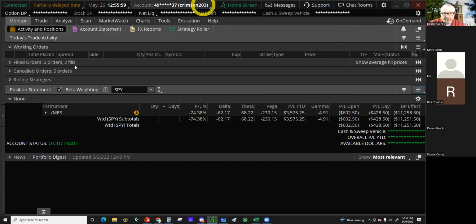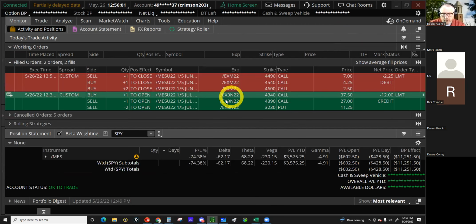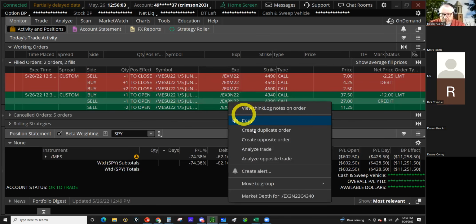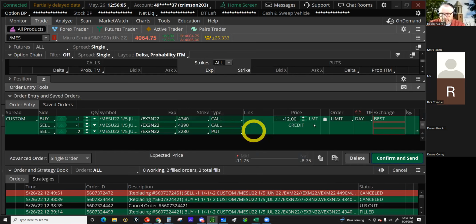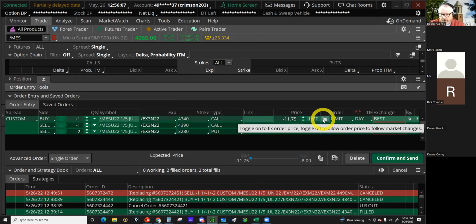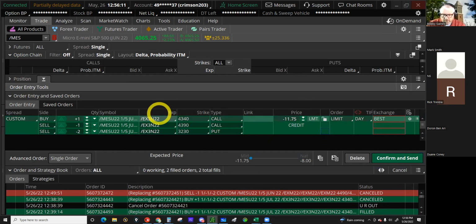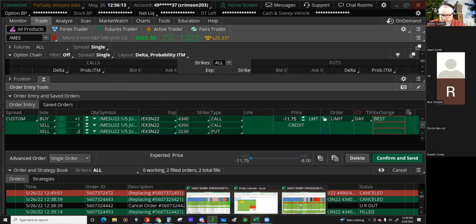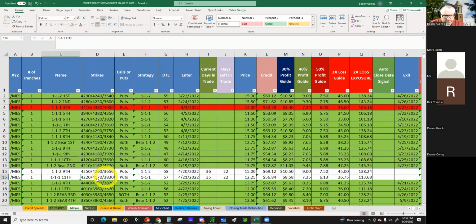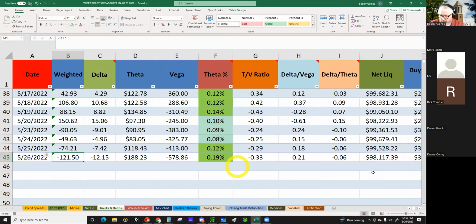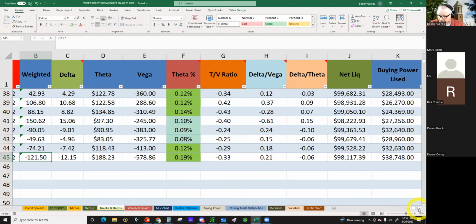Let's do the same thing. First of all, let's look at our field order. And let's try to put this trade on again in this account. Oh, it's going down to 1175. First of all, let's see how our buying power is on this account. So, some ratios. Are we over our buying power percentage over here?